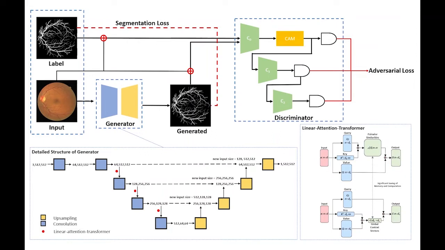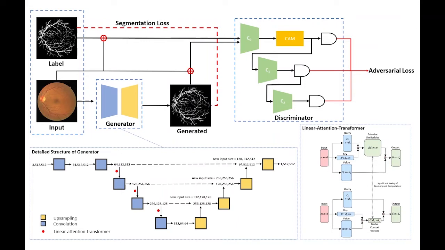If it is real, it gives a high score to the image. If not, it gives a low score. And the loss will make the generator update its parameters, and the discriminator will update itself too. So, the generator and discriminator update themselves through learning from each other. That's why we call it the generative adversarial network.